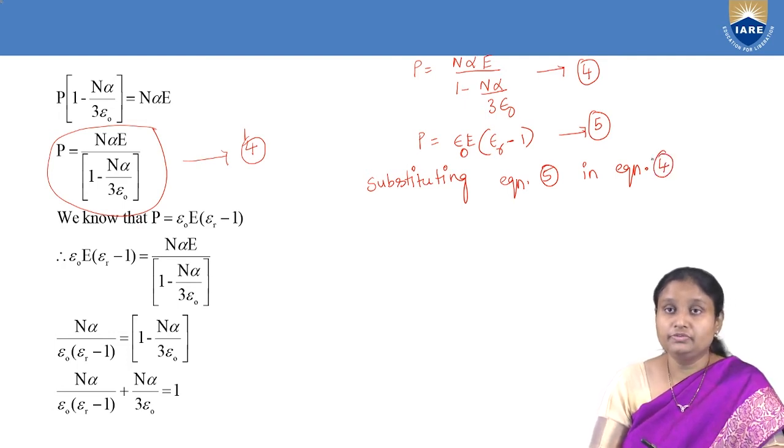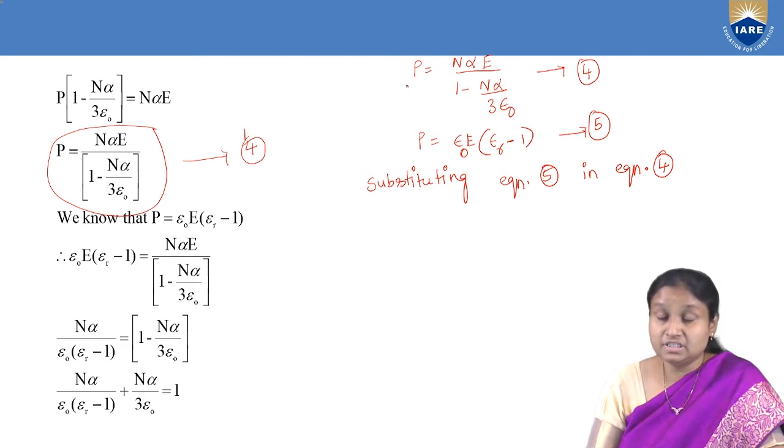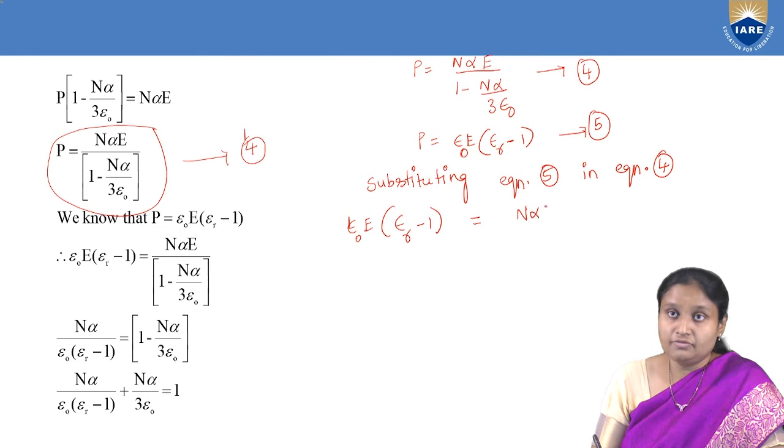If we do it, then on the left hand side of equation 4 we have equation 5. So equation 4 will become epsilon naught E into epsilon r minus 1 is equal to n alpha E by 1 minus n alpha by 3 epsilon naught.